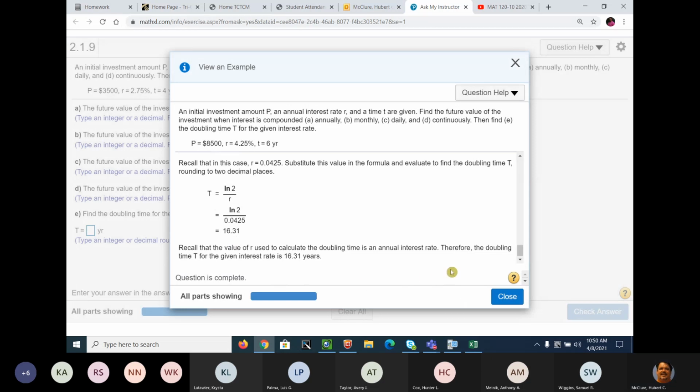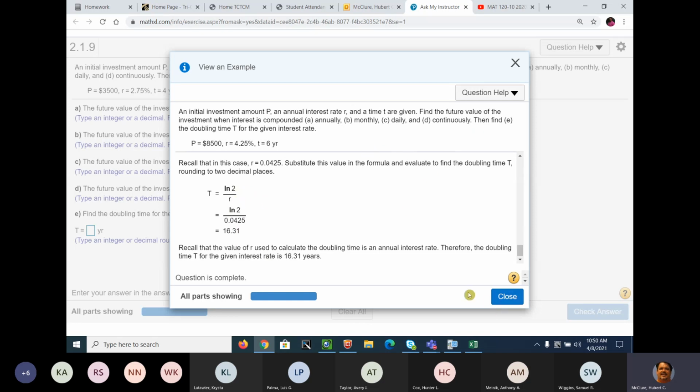In this case, the interest rate would double after 16.31 years. Doubling time. So punch the R in there and get 16.31 years. I don't really care about that, but they care about it.